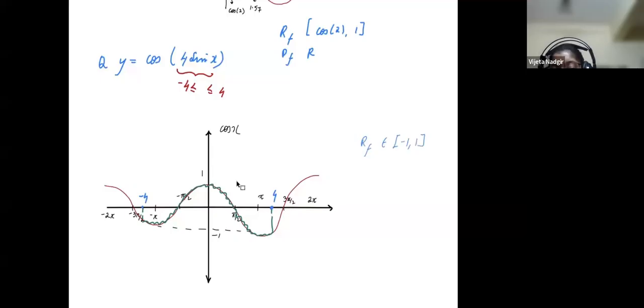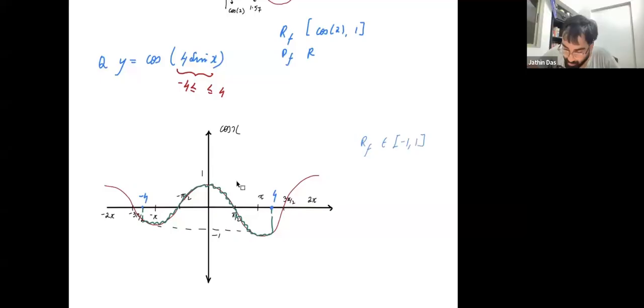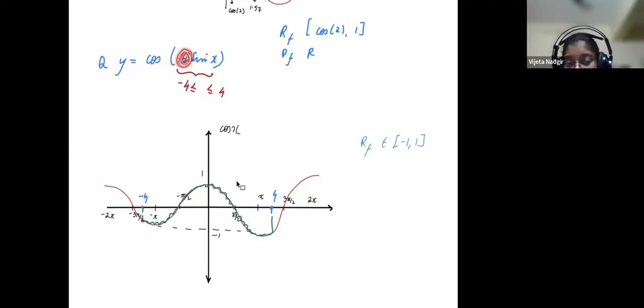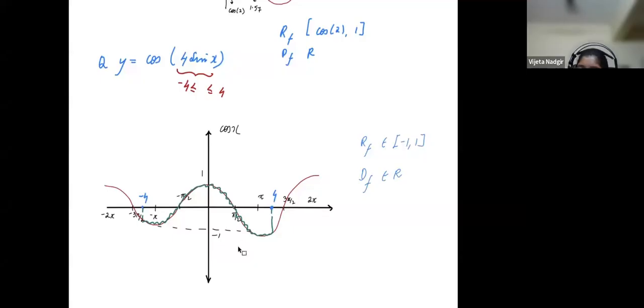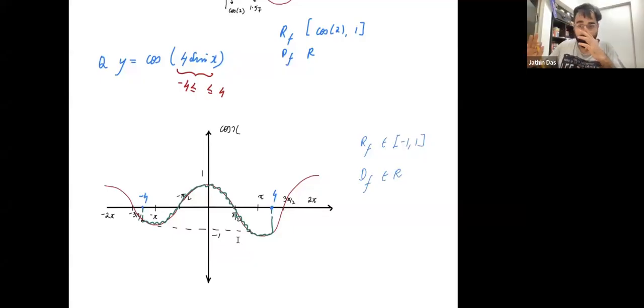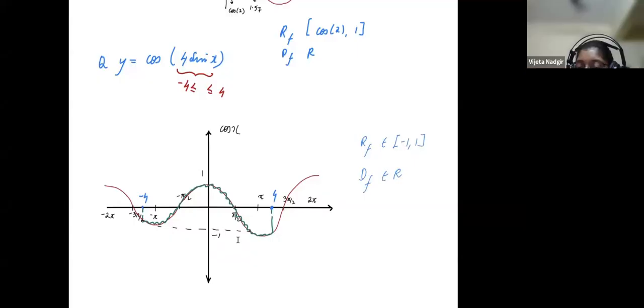So cos 3.14 is -1 only. So ये जो value है, if it is greater than 3 pi, then the range is always -1 to 1. Understood? And domain you can say real. Clear? Okay. Written? Taken it down? Yeah. Okay.